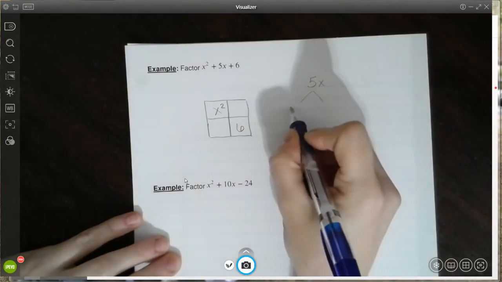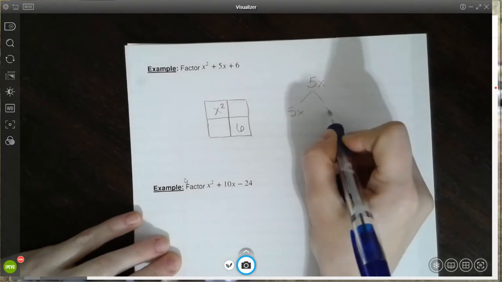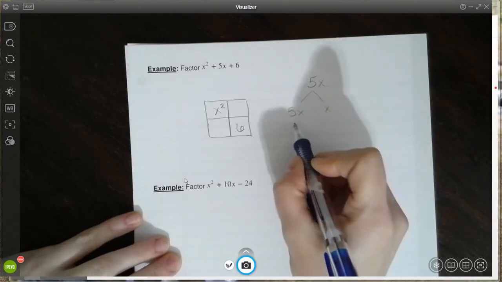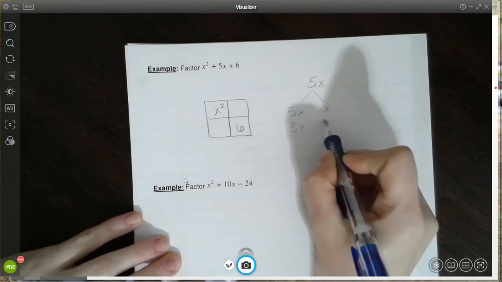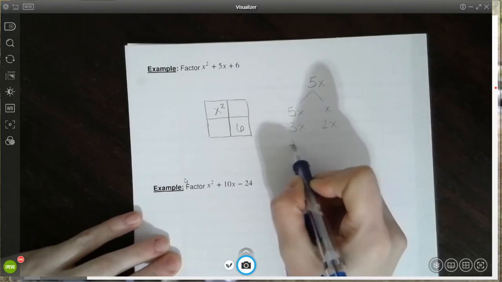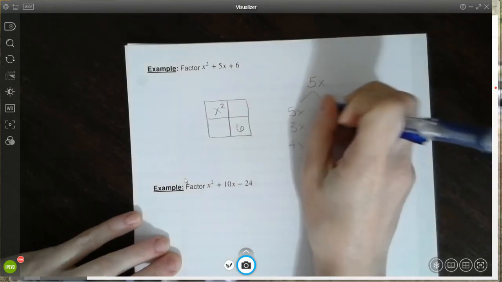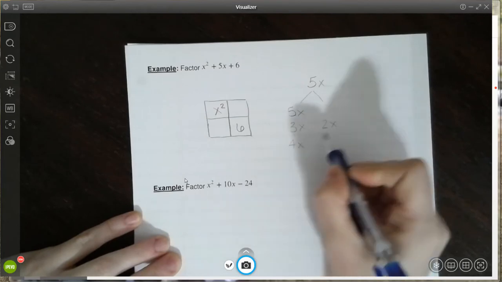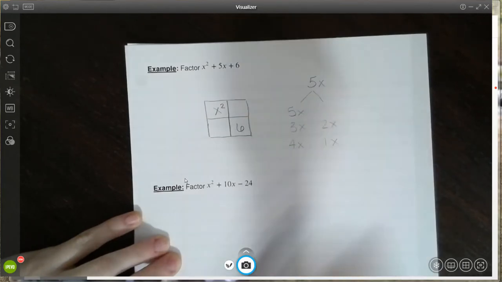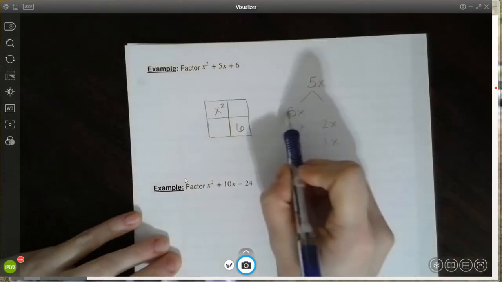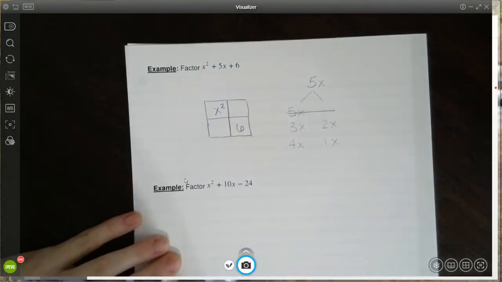Well, I've got 5x and x. I've got 3x and 2x. I've got 5x and nothing. I've got 4x and 1x. Well, this isn't going to work because it doesn't have two things.